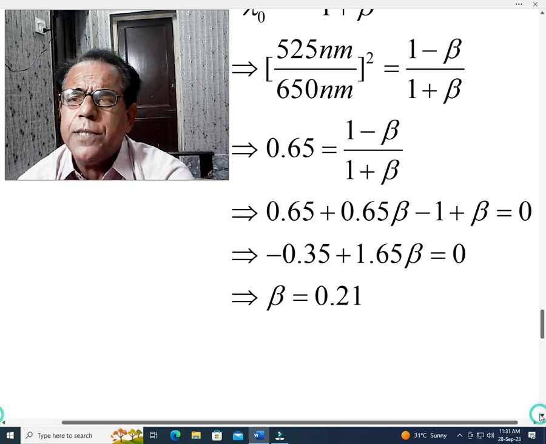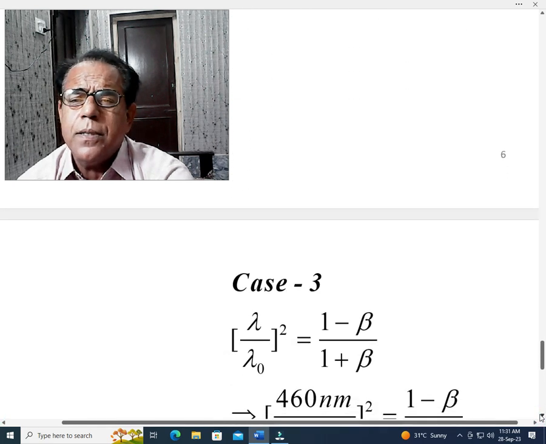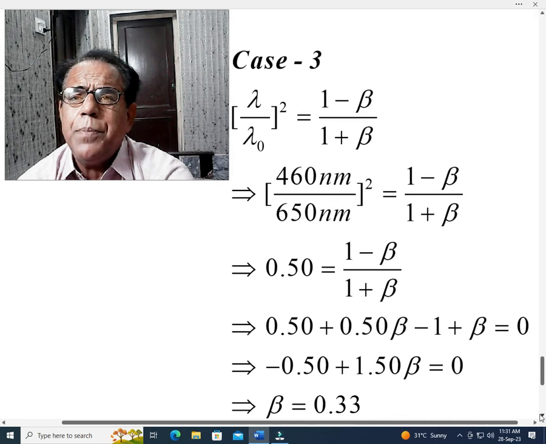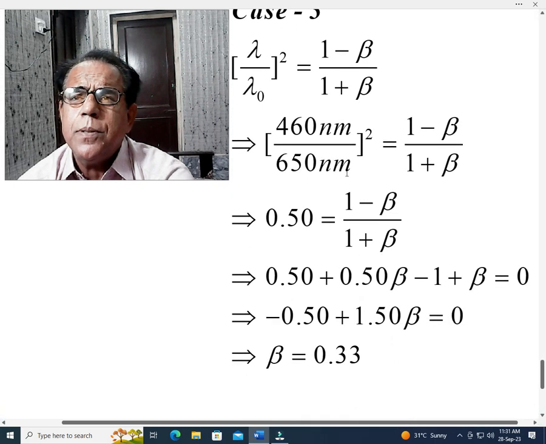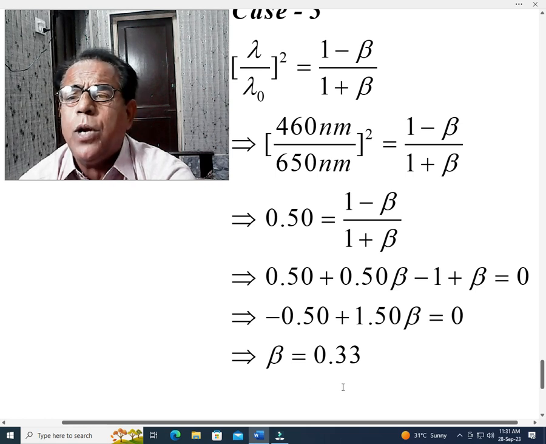Now we come towards the third part, case 3, lambda over lambda naught equal to square root of 1 minus beta over this, here we will use these two values. Then same, no change, exact same procedure. And hence here beta becomes equal to 0.33.